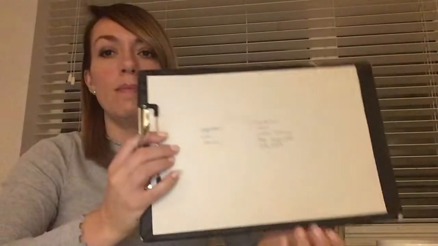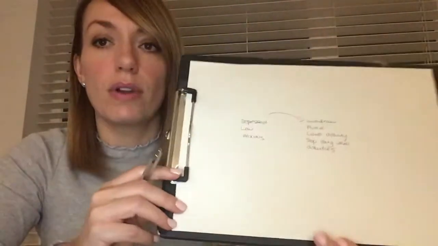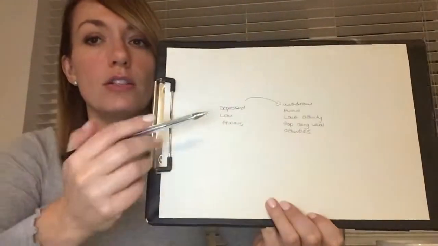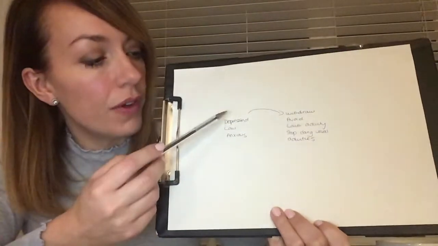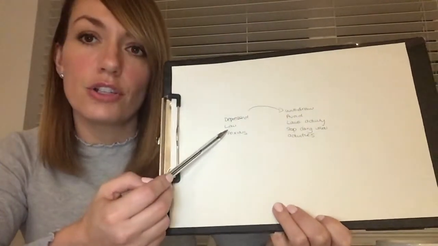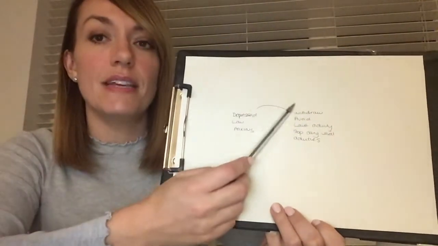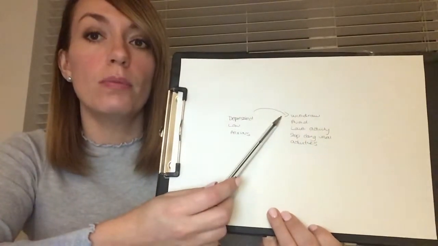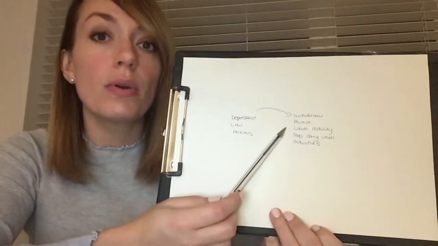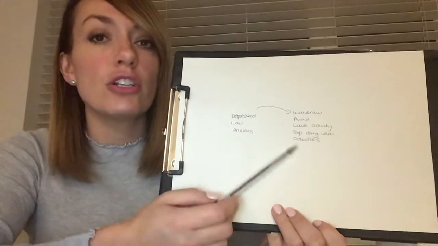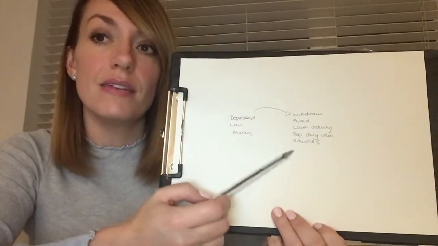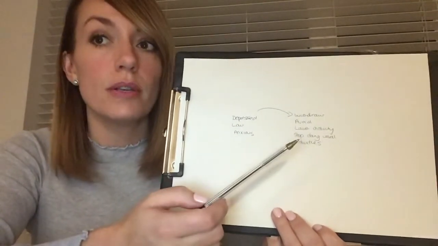So what I've done here is I've just drawn out a bit of a diagram. As I've spoken about so far, when we feel depressed, low and anxious, that has a negative impact on what we do. So we become withdrawn, we avoid, we have lower activity levels, and we'll actually stop doing some of the usual activities that we would normally tend to enjoy.